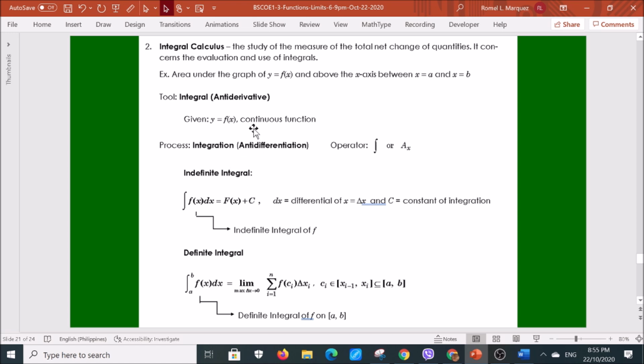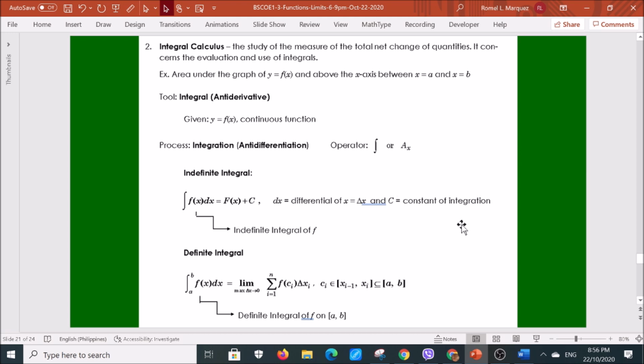Now to get this integral or antiderivative, we're given a function that is continuous. Again, a continuous function. But actually in advanced calculus, even if it is not continuous, as long as it is piecewise continuous, you can still get the integral. But since this is just basic calculus, we are going to limit to continuous functions only for the meantime.